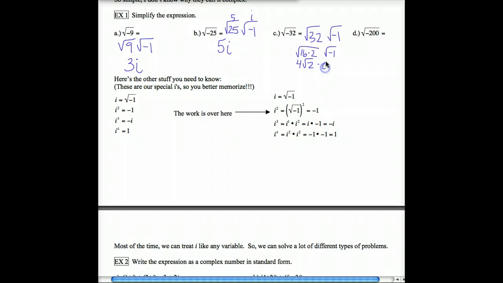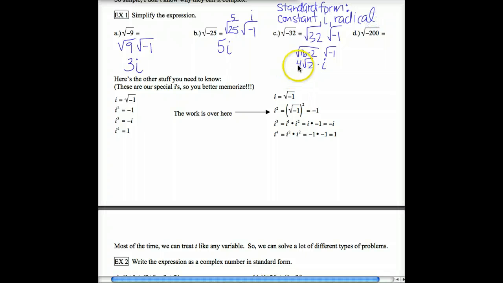times i. Now, this is important, and I picked this for a reason, because it's important the order that you put these in. When you write complex numbers, the standard form is going to have the constant first, then the i, and then the radical.